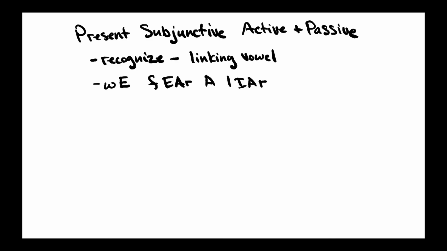Okay, so I'll compare then the linking vowels. These are the linking vowels. All right, it's all in "we fear a liar." So the indicative linking vowels, which you know, for the first conjugation, the second conjugation, the third O (I'm going to split up the third O and the third IO), third conjugation, and the fourth, you know these linking vowels as, well, the long A in the first, the long E in the second.